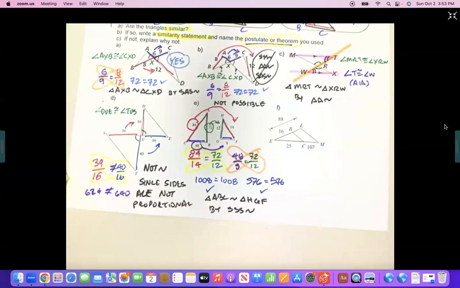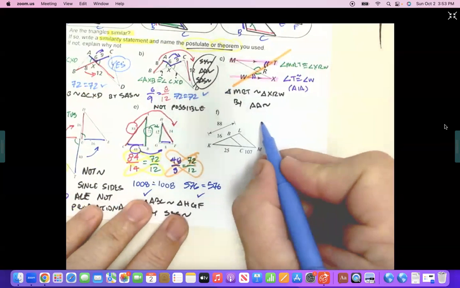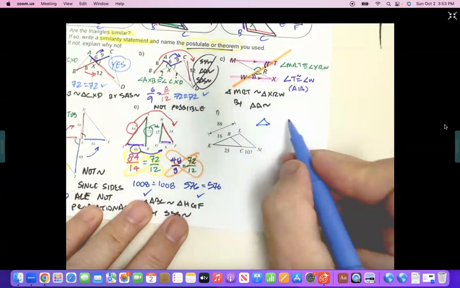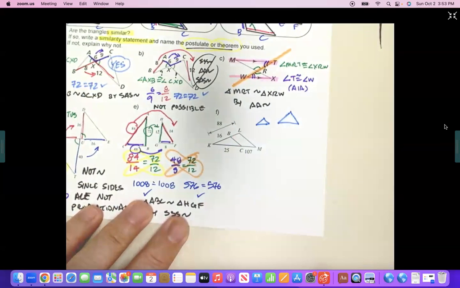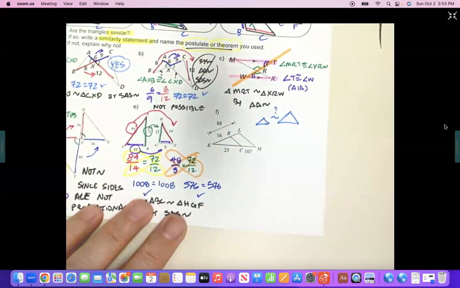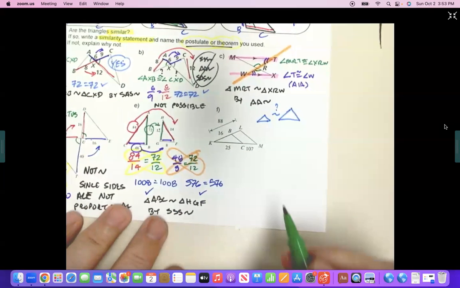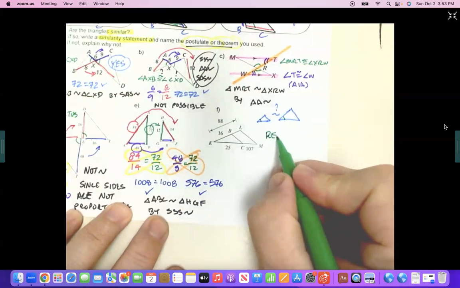Let's take a look at our last one. In this one, we do have two triangles here. One of them is down here on the lower left, and the other one is the outside lines of this large triangle. So we're going to compare these and check and see if they are indeed similar. Now, you may not see it right away, but we actually have our reflexive property showing up.